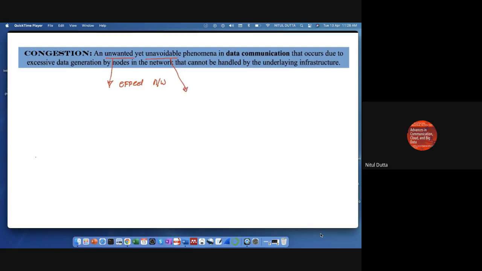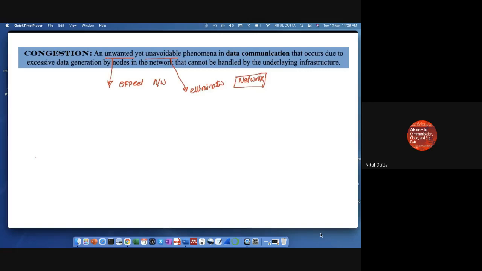Unavoidable, because it cannot be eliminated. But still, network design always tries to minimize congestion.